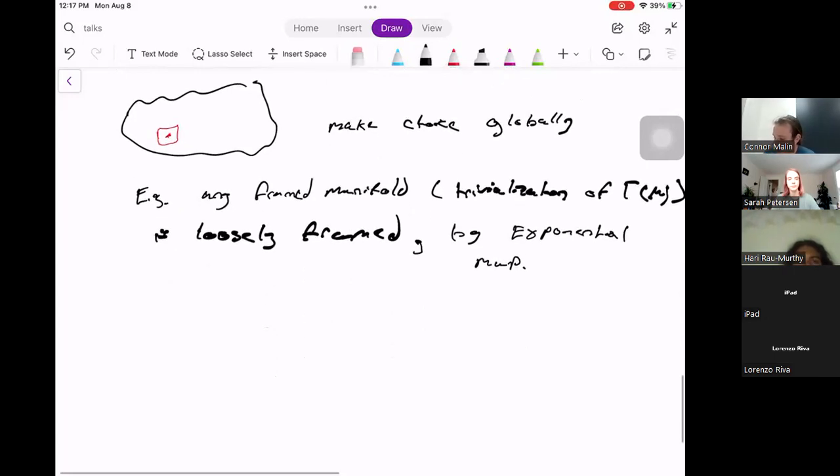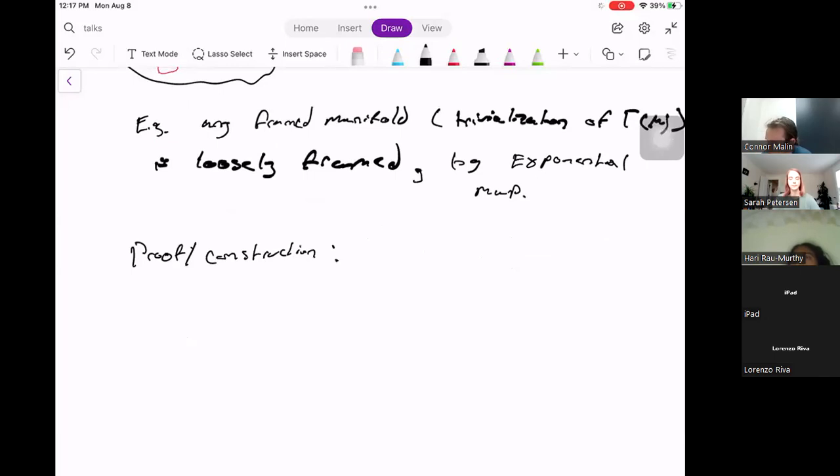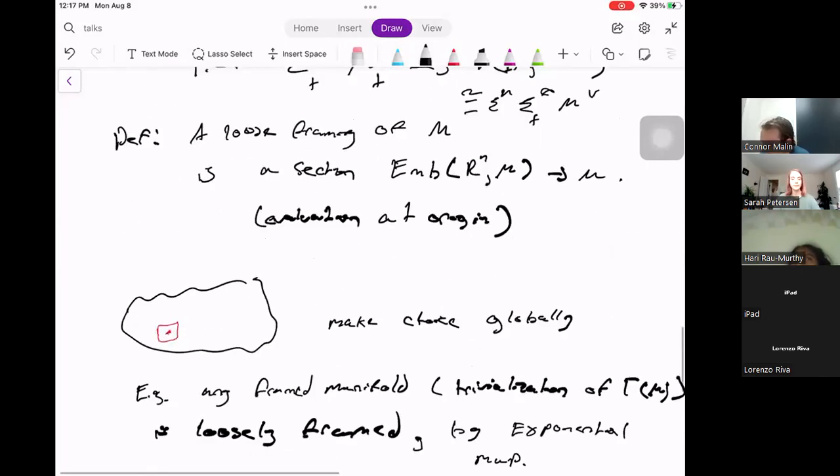Okay, and so now we can just prove Atiyah duality. Okay, so here's a proof, or construction, of Atiyah duality. Okay, let's call the loose framing F, and here's some notation.